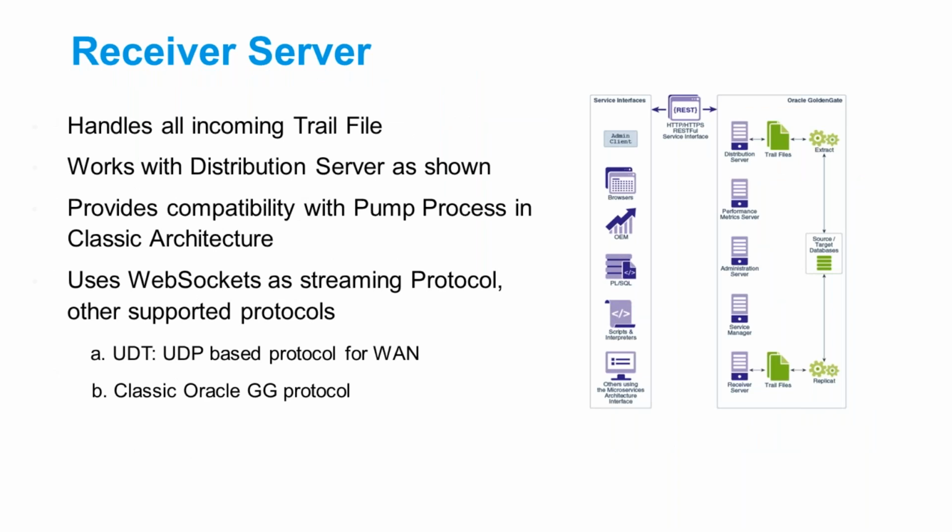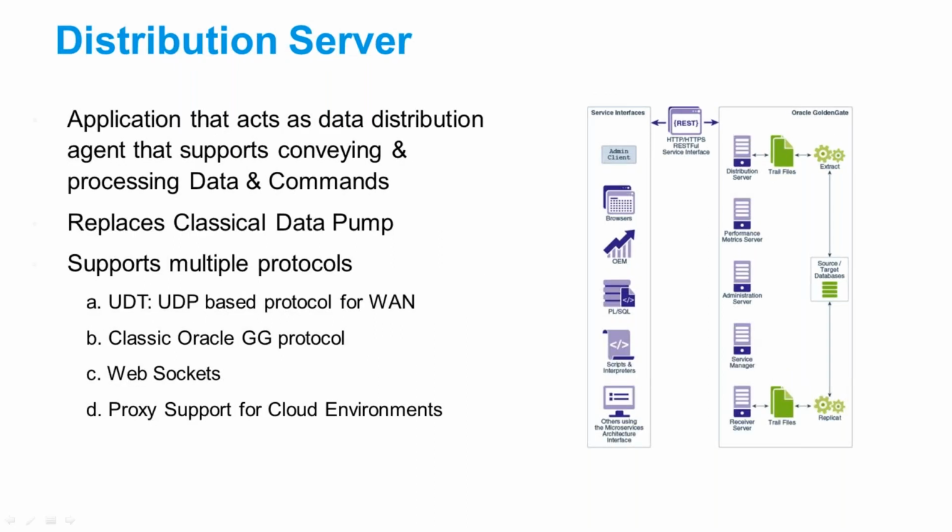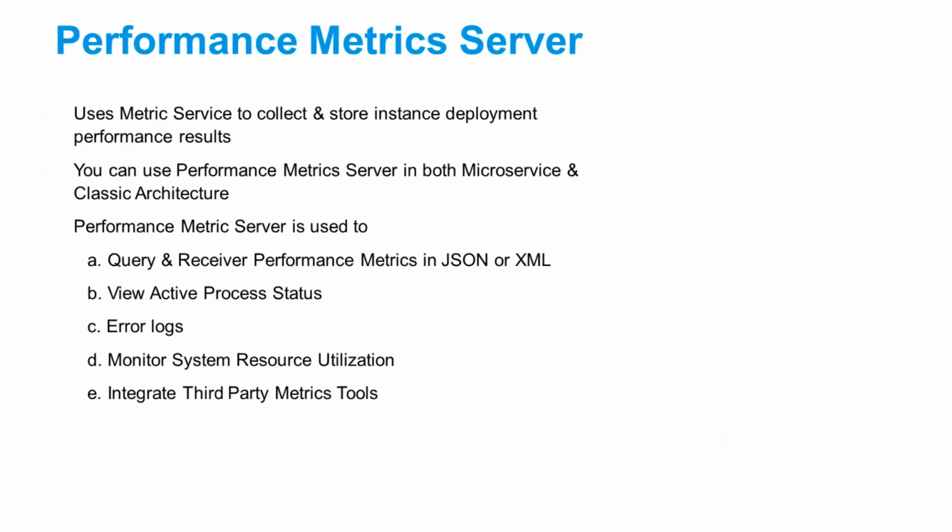The receiver server handles all incoming trails. It works with the distribution server as shown. The distribution server acts as a data distribution agent that supports conveying and processing data in command. It replaces the classic data pump. The performance metrics server uses the metrics service to collect and store instance deployment performance.